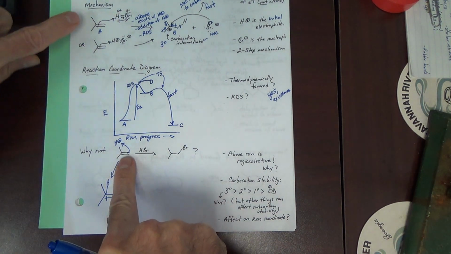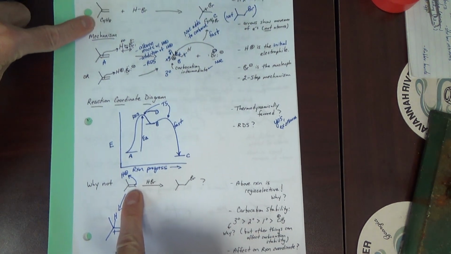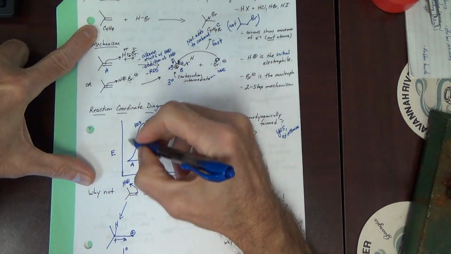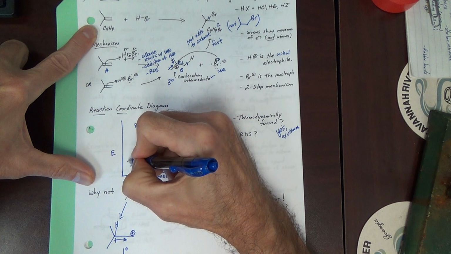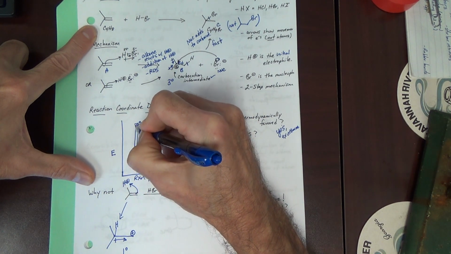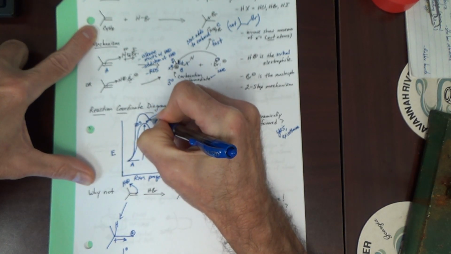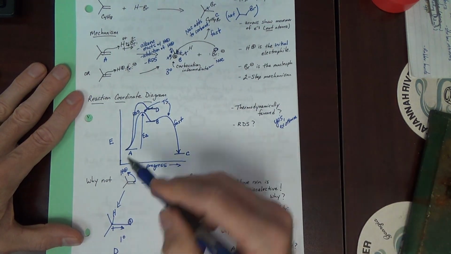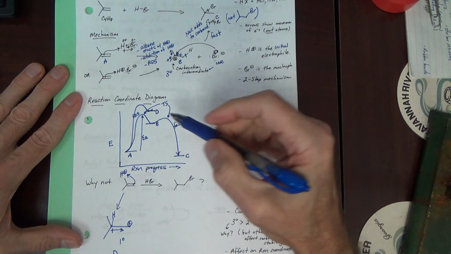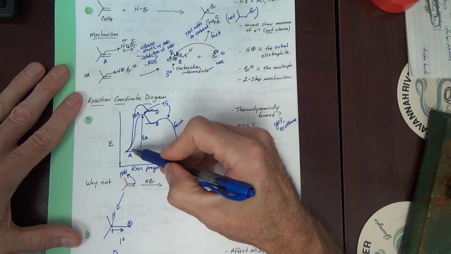Now, it's the same starting material, so it would start out the same, but it's reacting, and instead it's going to form D, and it would come up here like this. And so if you had a choice, which pathway would you take?